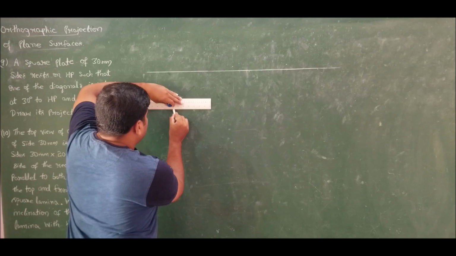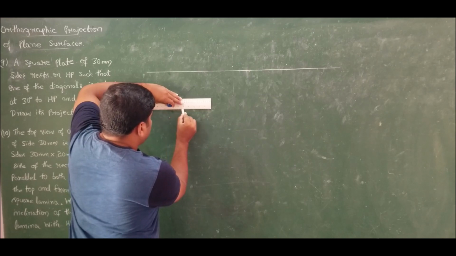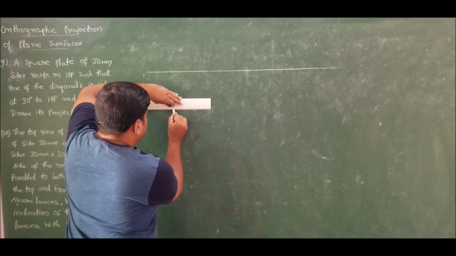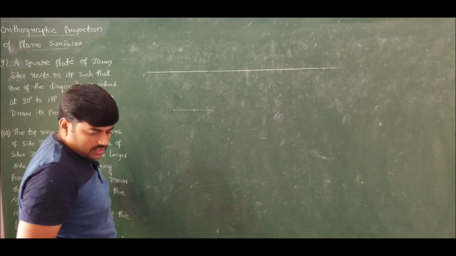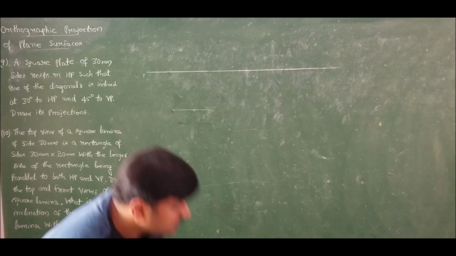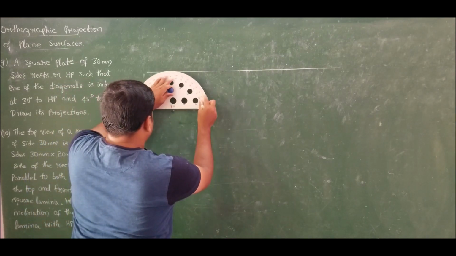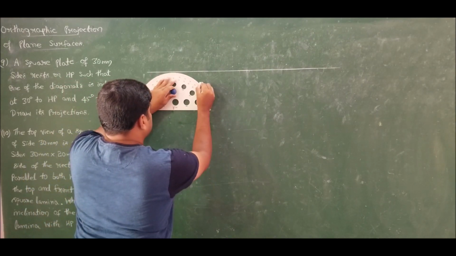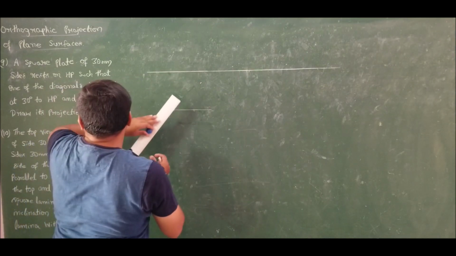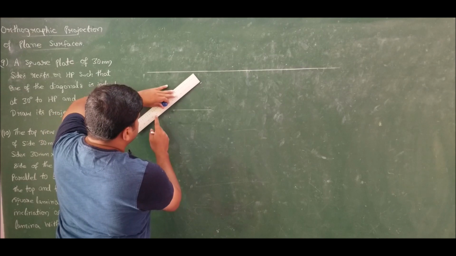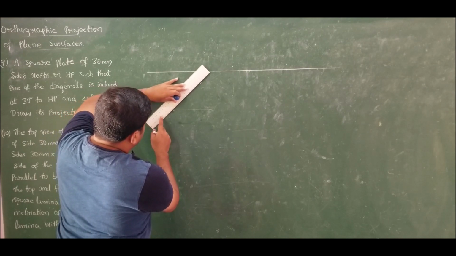So first you draw a horizontal line, which is nothing but a diagonal line for us. From one of the corners you measure 45 degrees, and now you take the given dimension, that is 30 mm side length. So measure 30 mm.